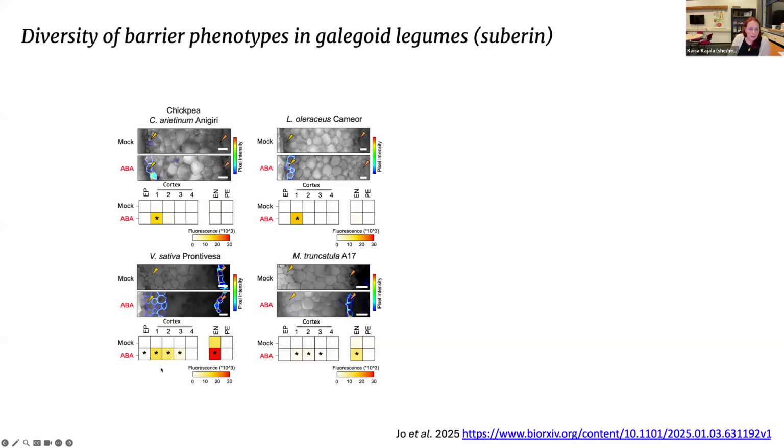But then if we look at these other species, we see in pea the same phenotype, exodermal suberin. Then in Vicia sativa, we see induction of endodermal suberin in response to ABA, but also induction of signal picked up by fluorol yellow in multiple layers, including the epidermis and 3 of the cortex layers. In Medicago, which is strongly known as an endodermal species, we also picked up some very weak suberin signal, or fluorol yellow signal, in the cortical layers.